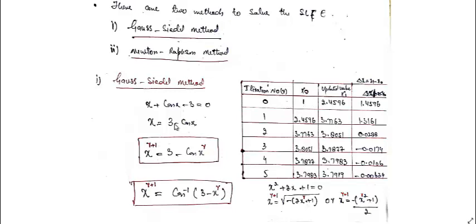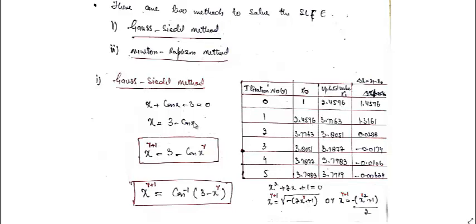So the updated value when we calculate it is 2.4596, and the change in these two, delta x, will be equal to x1 minus x naught, so 1.4596, the difference of these two. For the next iteration, I will give x the value of 2.4596.